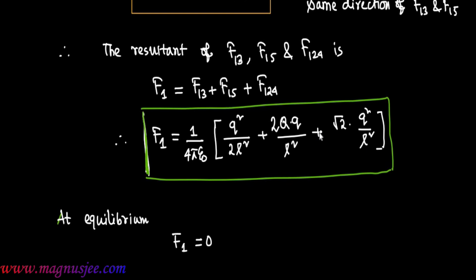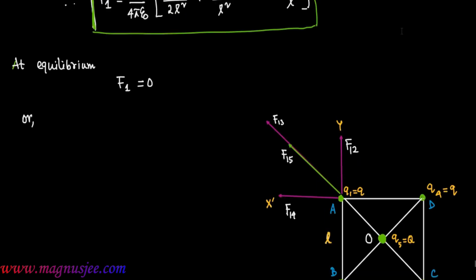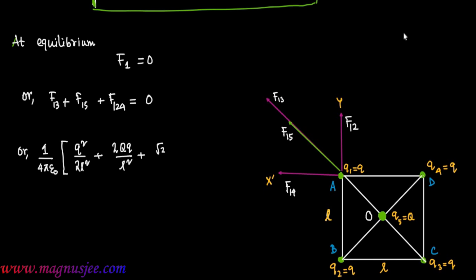At equilibrium, F1 equals 0, that is, the total electrostatic force experienced by the charge Q1 at the corner A is equal to 0. Therefore, F13 plus F15 plus F124 equals 0, or 1 by 4 pi epsilon 0 is taken common, q square by 2L square plus 2 capital Q q by L square plus root 2 q square by L square equals 0.